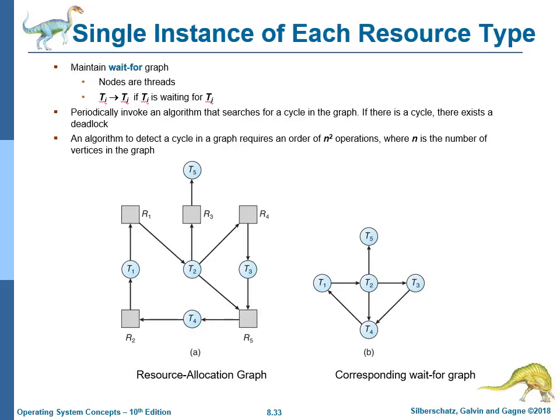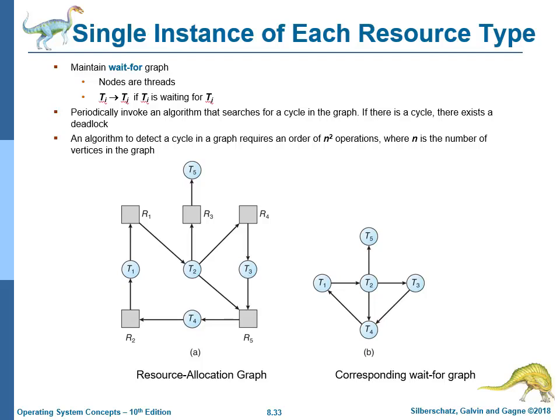If all the resources have only a single instance, then a deadlock detection algorithm can be defined that mainly uses the variant of the resource allocation graph and is known as a wait-for graph. This wait-for graph is obtained from the resource allocation graph by removing its resource node and collapsing its appropriate edges.